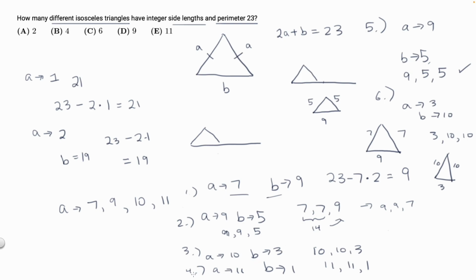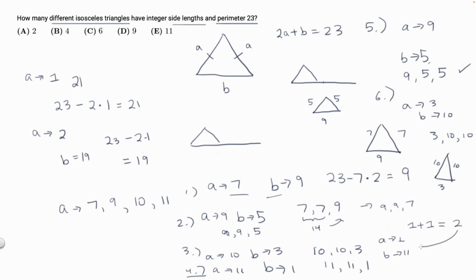And if we consider this one over here, number 4, where A is 11 and B is 1, if we switch B and A, so A is 1 and B is 11, then this would violate the triangle inequality theorem because the two shorter sides, 1 plus 1, is 2.